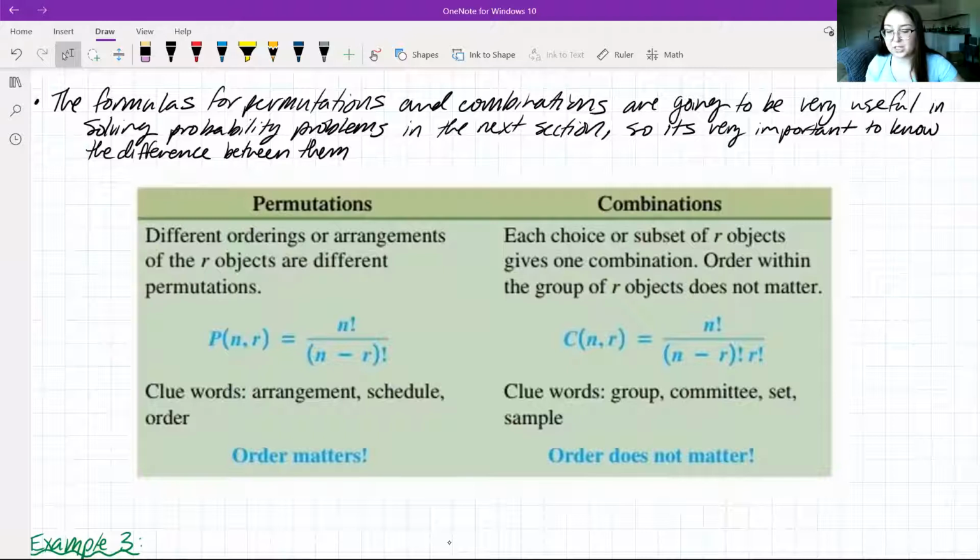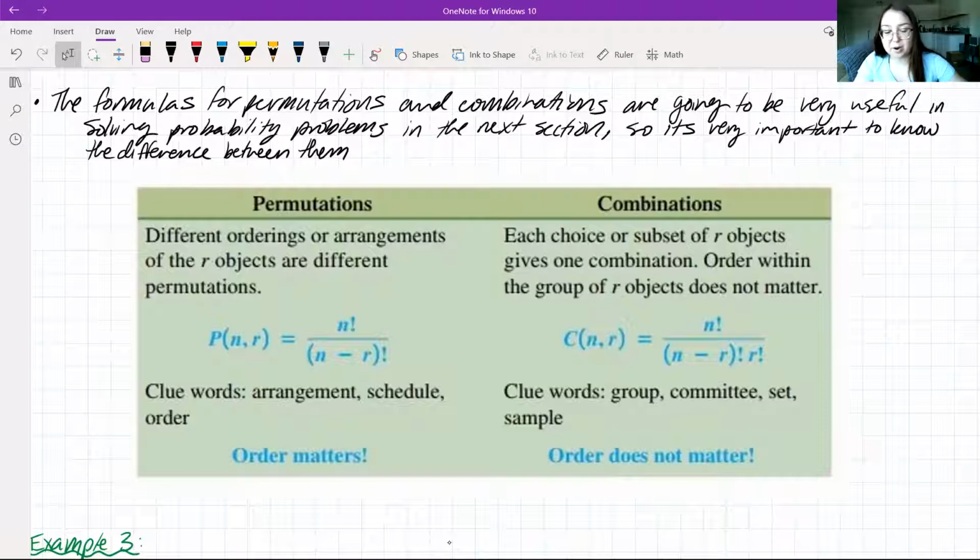Then for combinations, each choice or subset of r objects gives one combination. Order within the group of r objects does not matter. Order doesn't matter for combinations. Our combination formula here is C of n comma r is equal to n factorial divided by n minus r factorial times r factorial.